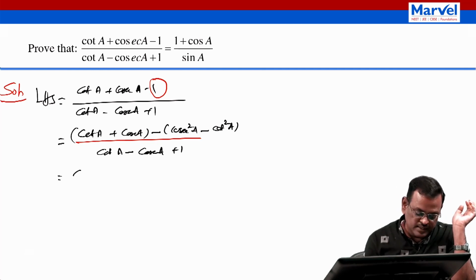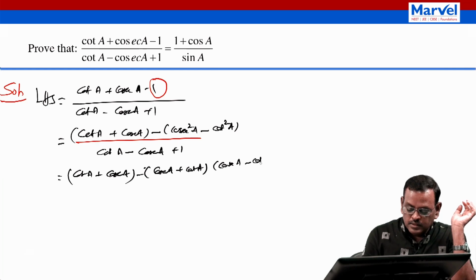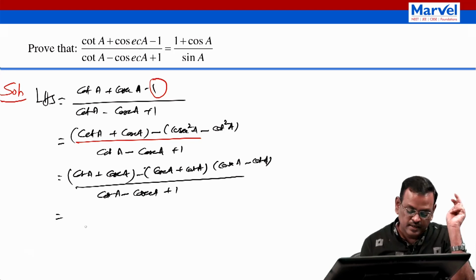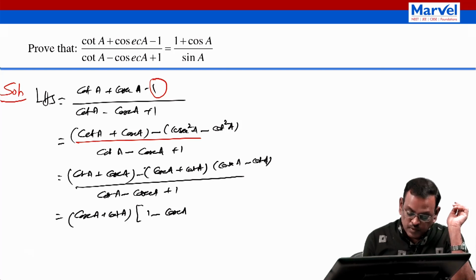Now factorize the numerator: cot A plus cosecant A minus cosecant A plus cot A into cosecant A minus cot A, by cot A minus cosecant A plus 1. Take the common factor. What is the common factor? The common factor is cot A plus cosecant A, or cosecant A plus cot A. So balance is 1 minus cosecant A plus cot A.